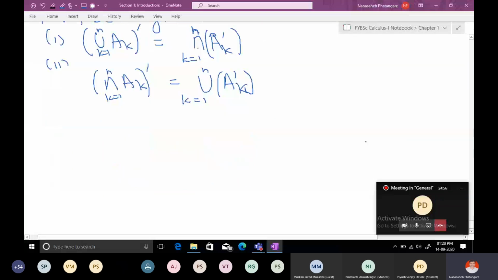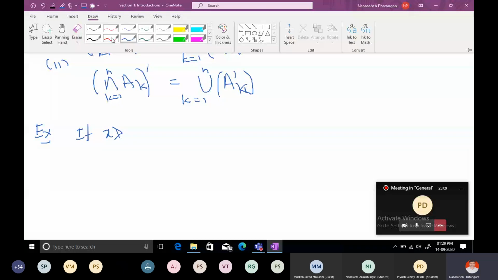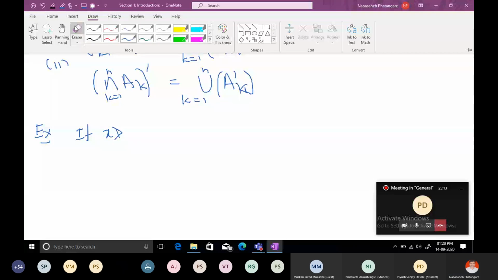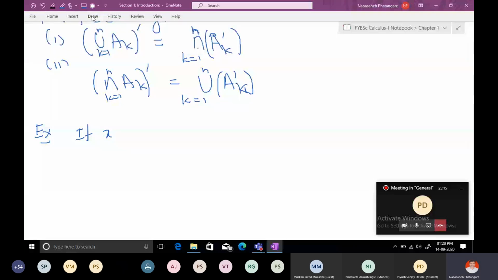Now let us see one more example of induction. If x is a real number and it is greater than -1, then (1 plus x) raised to n is greater than or equal to 1 plus nx, for all natural numbers n.